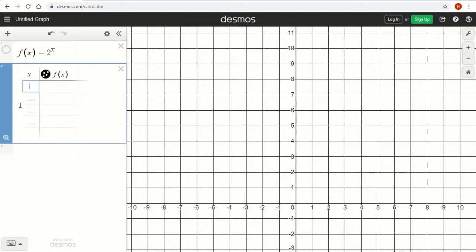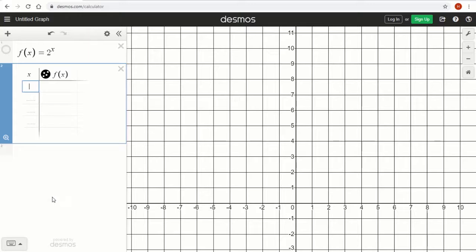In the usual table of values right here, my left column is getting ready for me to put in the independent x values, and the right-hand side column is the automatically calculated y value, the output for our function f of x, which is in this case 2 to the x.